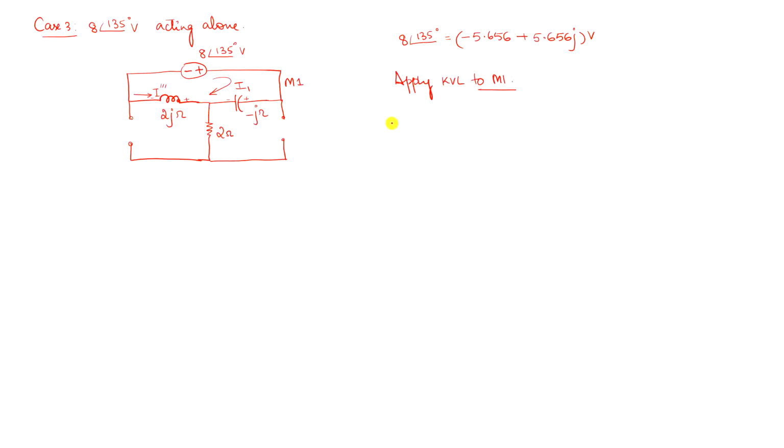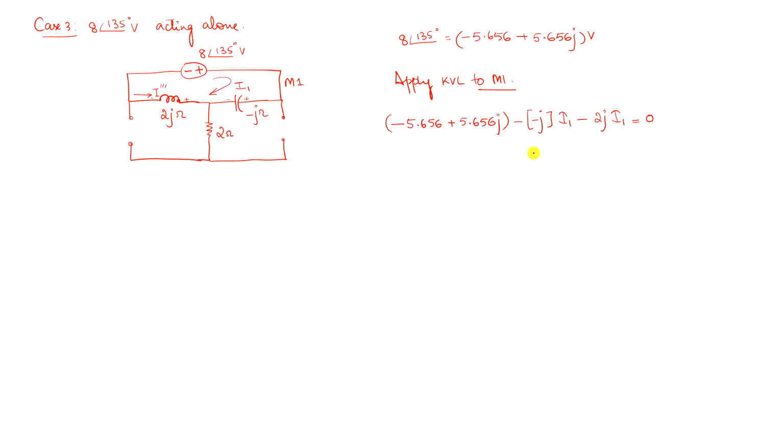This is going to be minus of minus 5.656 plus 5.656 J, this is the value of the voltage, minus minus J into the current I1, minus 2J into the current I1, which is equal to 0.